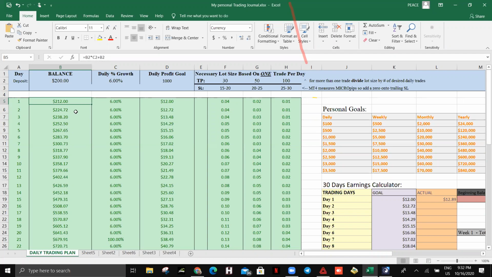Everything is automated here. You can see the formula there, so you don't need to touch this figure. The only thing you need to touch is the lot size. Everything else is automated. You don't need to change anything there.